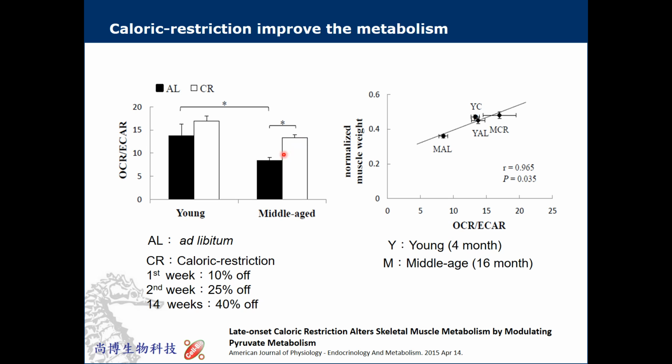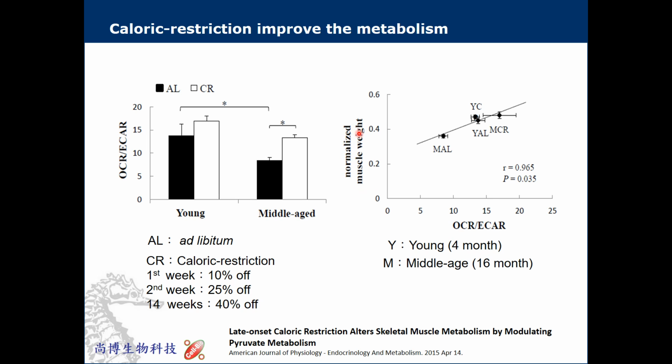So you can find that the signal decrease here means your cell metabolism changes from relying more on mitochondria to relying more on glycolysis. And we move this parameter to the x-axis here, and the y-axis is muscle weight.